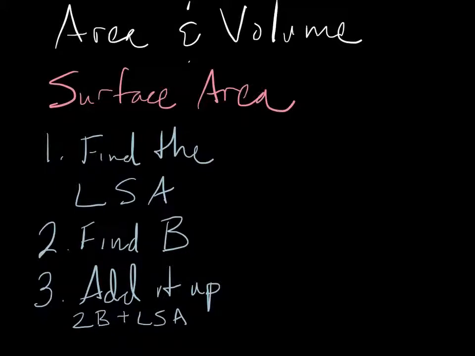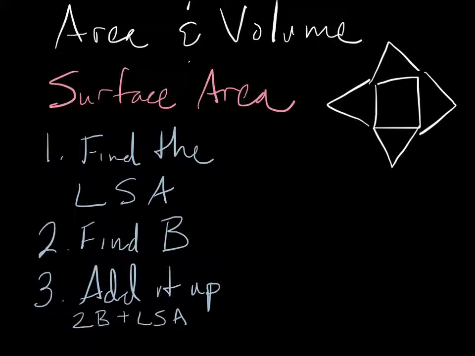So finding the surface area first starts with finding the lateral surface area. Let's say we start off with a pyramid that is drawn out as a net, and let's say the height of the side triangle is 5 and the side length of the base is 6.